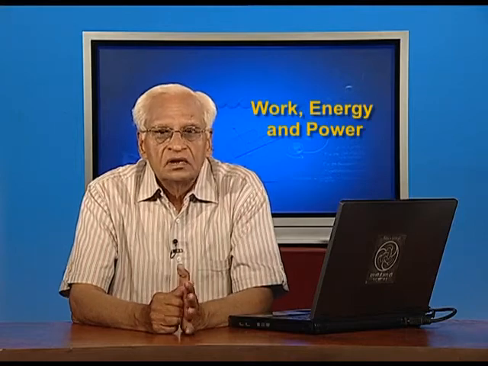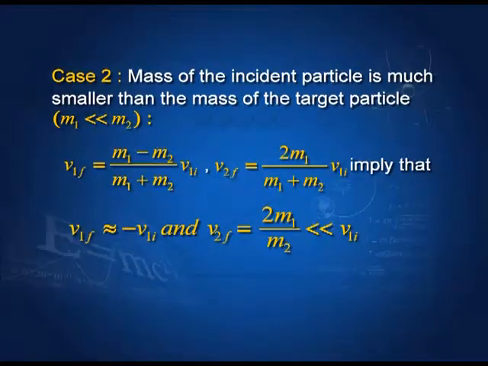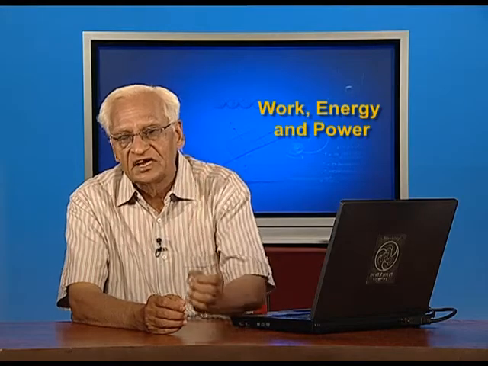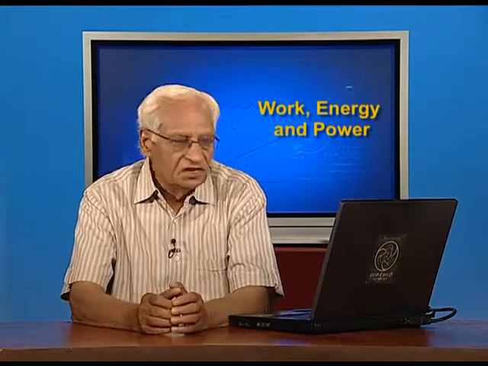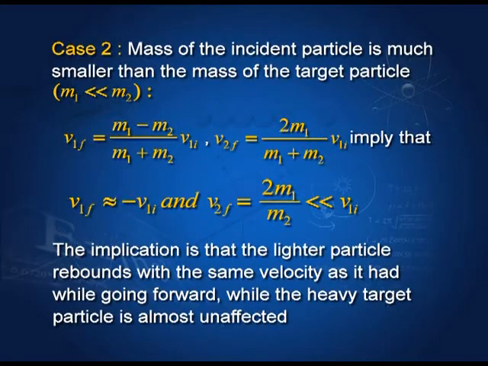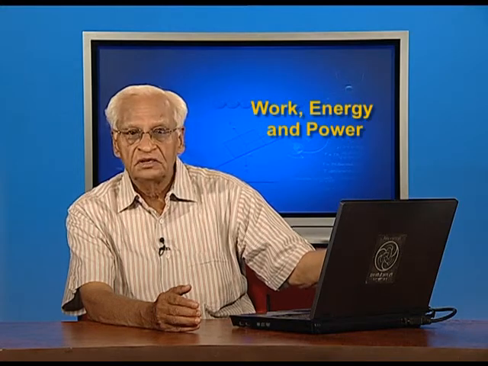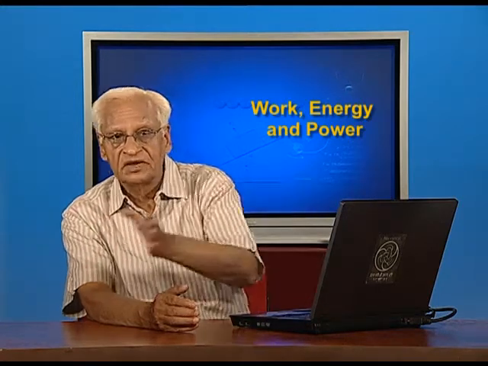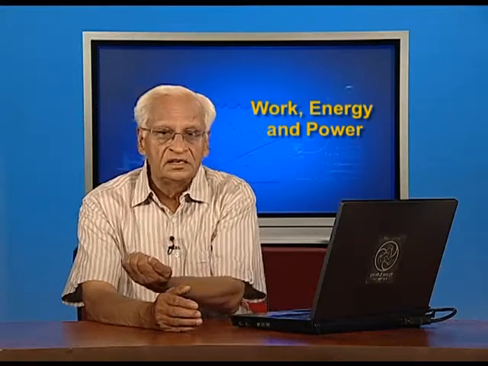Case 2. In this case, the mass of the incident particle is much smaller than the mass of the target particle. That is, a light particle is hitting a heavy particle. Again you can use equations and you get V1F is equal to minus V1I. That is, the final velocity of particle 1 is in the opposite direction.